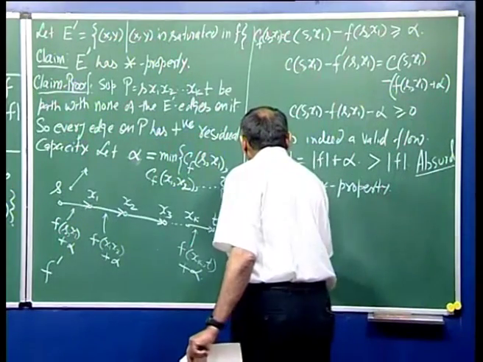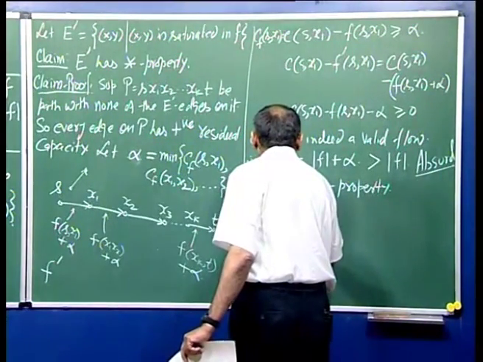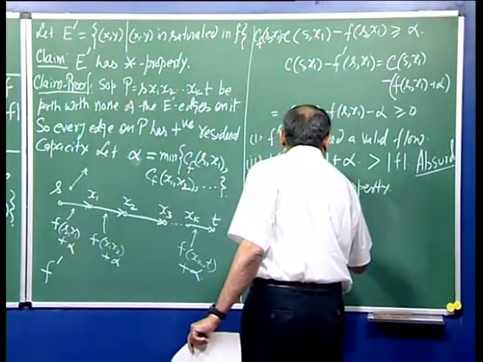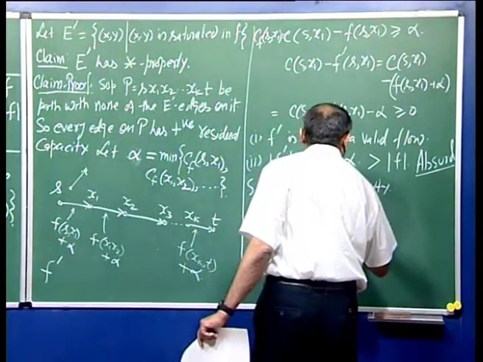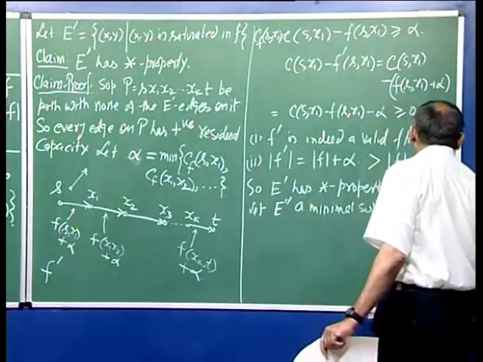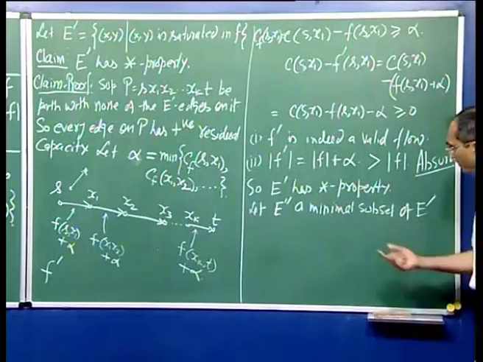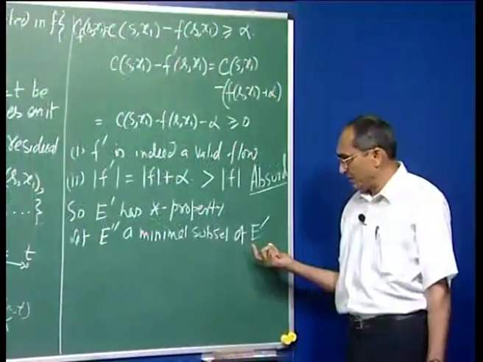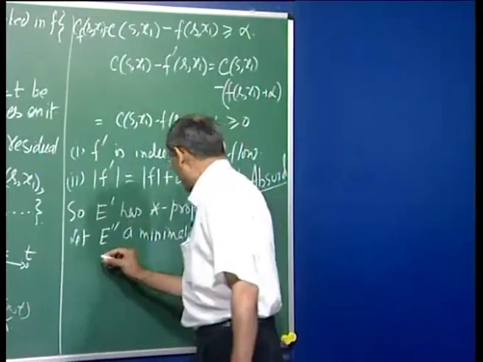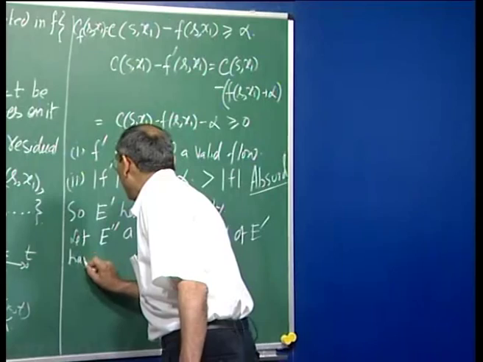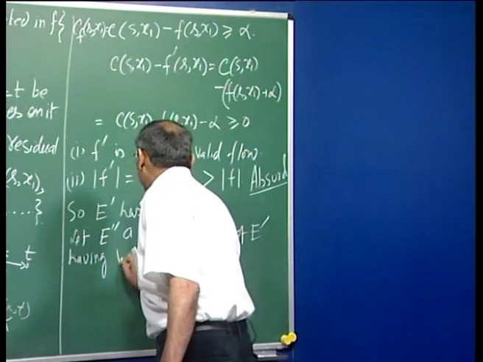Now, let E double prime be a minimal subset of E prime. So, I am picking some subset of E prime which is as small as possible and having star property.